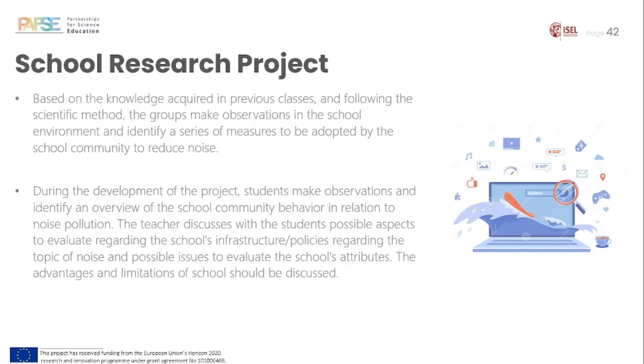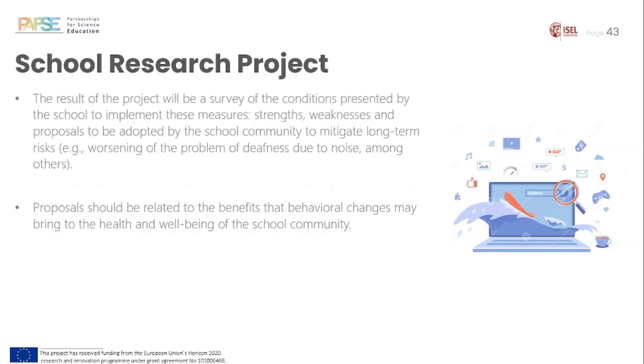Then the teacher discusses with the students possible aspects to evaluate regarding the school's infrastructure and the topic of noise, and the advantages and limitations of the school should be discussed. The results of the project will be a survey of the conditions present in the school to implement these measures, and this survey and these measures should be presented in the form of a poster.